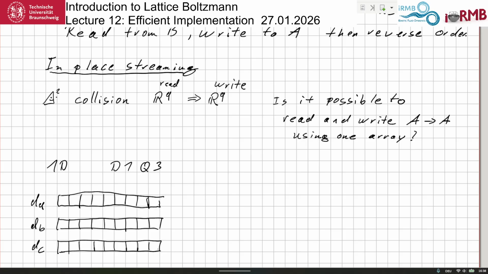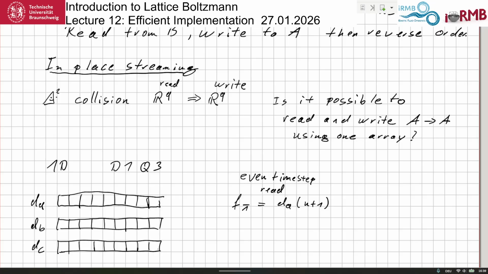In here we have f minus. We distinguish between even time step and odd time step. This is, by the way, also in the A-B pattern, where we distinguish between even and odd time step, which we can do by flipping pointers. So we have an even time step, and we talk about the read. f minus 1 is now read at data A at the position n plus 1.